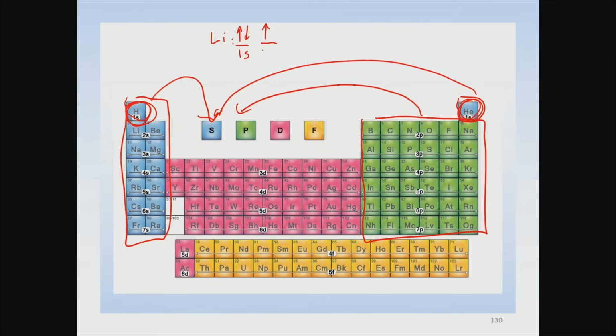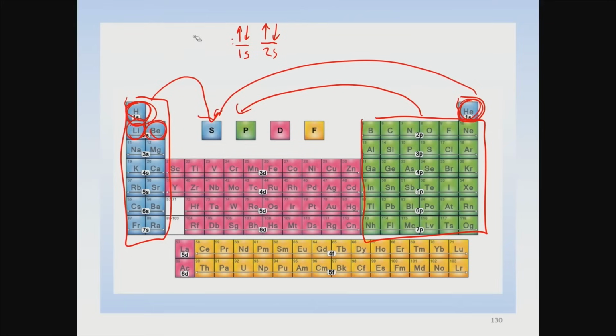You might remember the next orbital that is filled is an S sublevel, but it happens to be in the second energy level. Beryllium is also going to be in the S sublevel block because its last electron is going into an S sublevel in the second energy level.